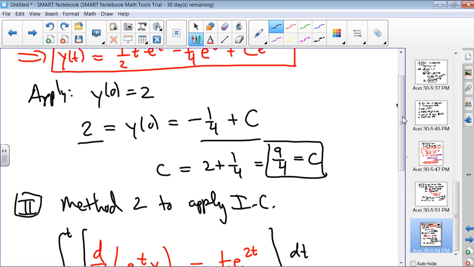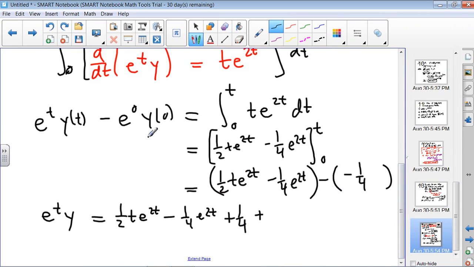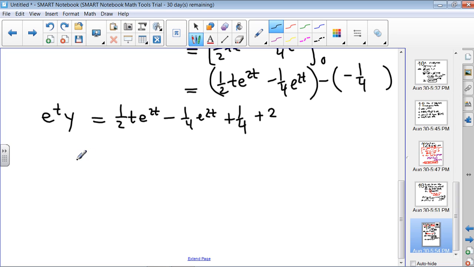So we go back here. This is 1 times 2. That's a 2. And you'll notice what happened here. If I divide now by e to the t, I get 2 plus 1/4, which is 2 1/4, which is 9/4.